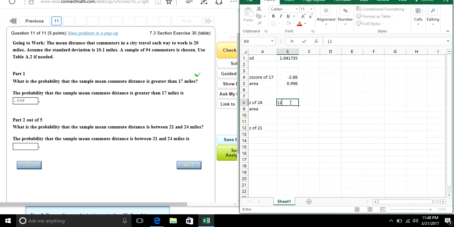So 24 minus our mean, which is 20, divided by our standard deviation of the sample mean. Turn it to 2 decimals. You can usually just do that in your head, I just like doing that. Alright, 3.84.